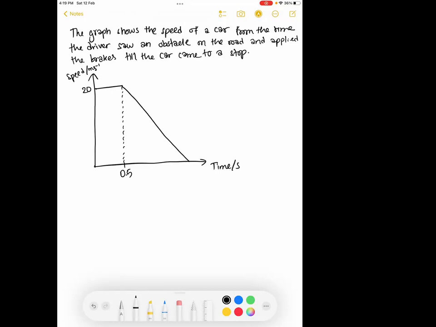And this right here is 4.5 seconds. This is at 0. All right. The question is, how long did it take the driver to begin applying the brakes after seeing the obstacle? That is question number 1.